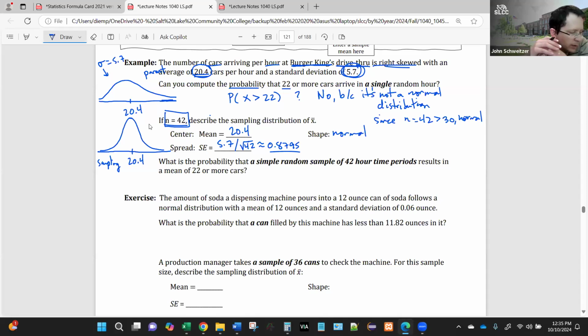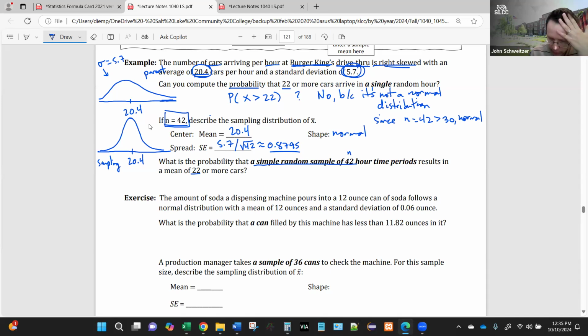Okay, so we can answer the question, what is the probability that a simple random sample of 42-hour time periods results in a mean of 22 or more cars? So we're going to take a random sample of 42 hours at this drive-through, and for each of those randomly selected hours, we're going to count the number of cars that go through.